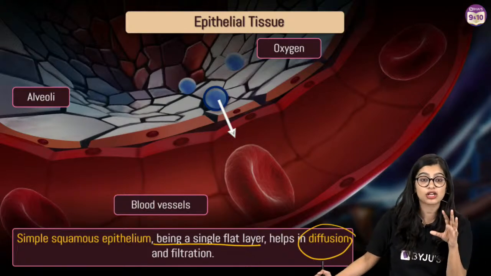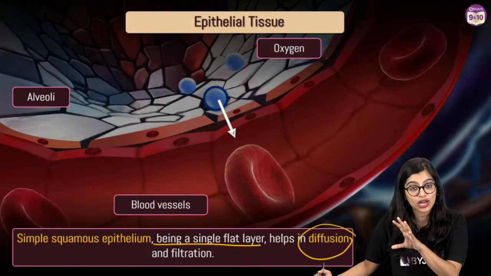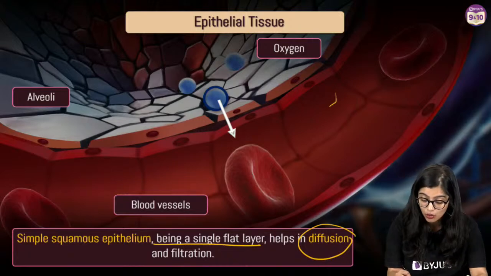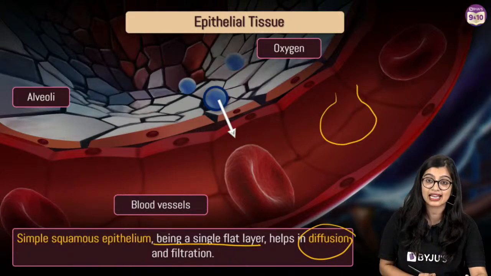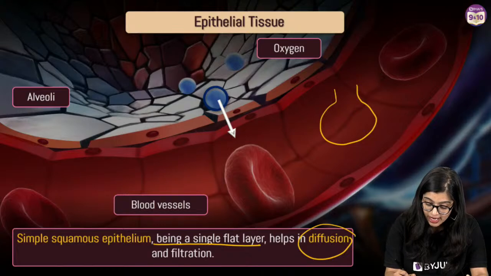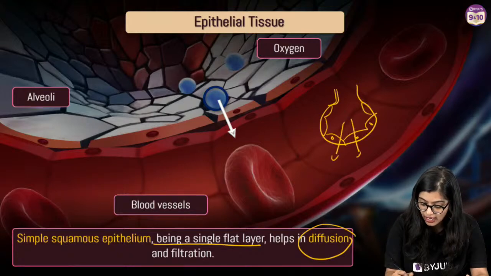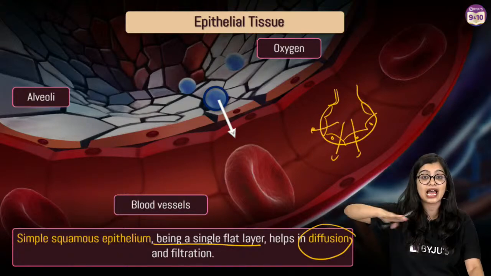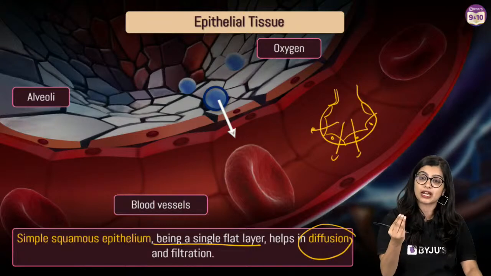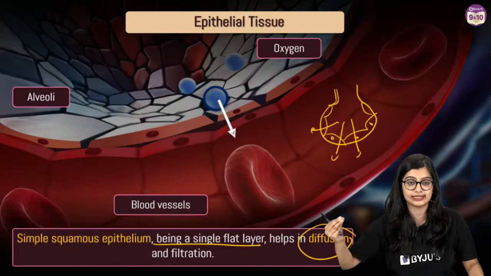And we know that this process of diffusion happens in the alveoli. Yes, we have learned that in our lower grades. We have a sac-like structure in our lungs, right? And we see that inside it has so many thin layers like this. And we see that diffusion happens, right? So that inner lining is what is made up of your simple squamous epithelium.